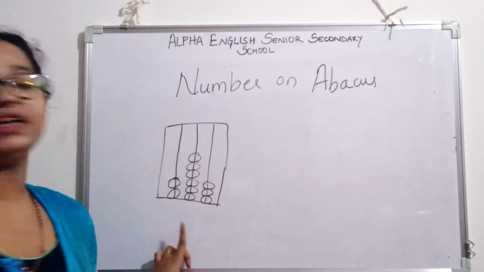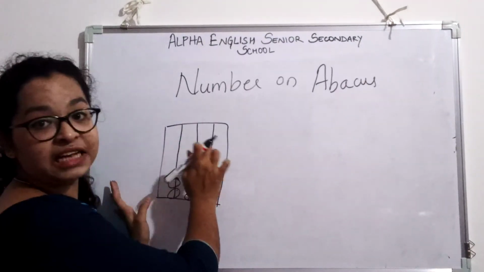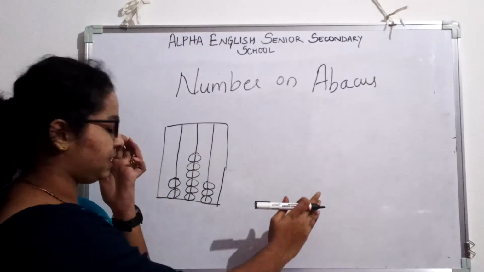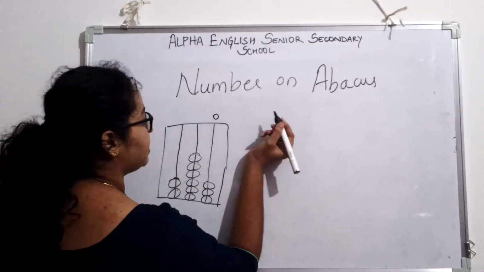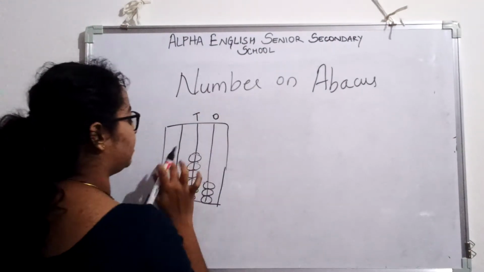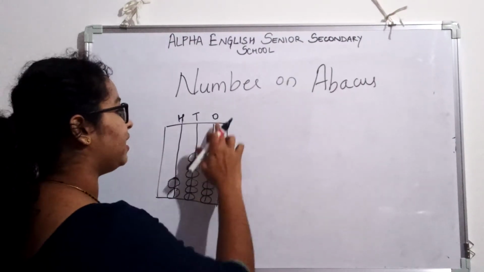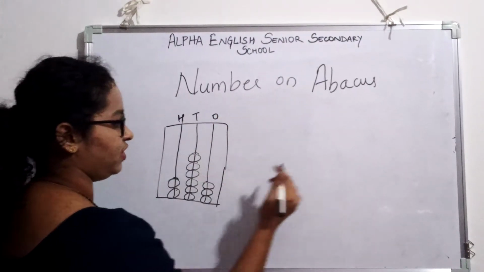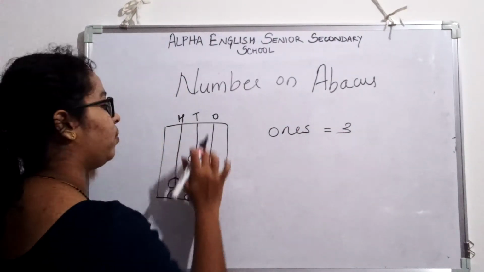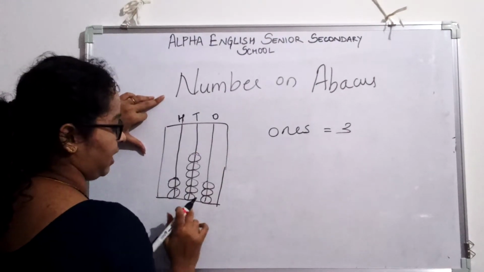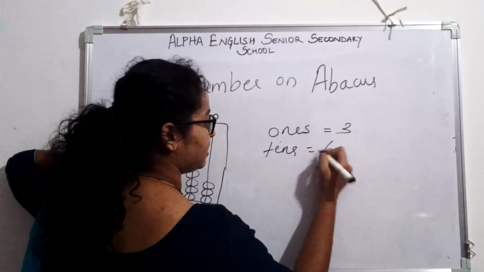How will we determine the number in this form? We will label these strings as ones, tens and hundreds. We start from the right side for labeling. So the first string is ones, the second string is tens, and the third string is hundreds. How many beads does the ones string have? 3. So ones is 3. How many beads does the tens string have? 6. So tens is 6 beads.